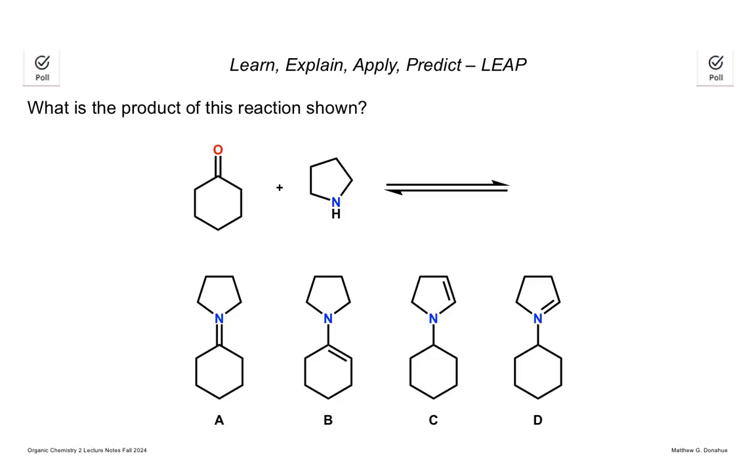So here's something to think about. I'll start you off. You have a ketone, so oxidation state 2. You have a secondary amine. And what do you think the product will be?